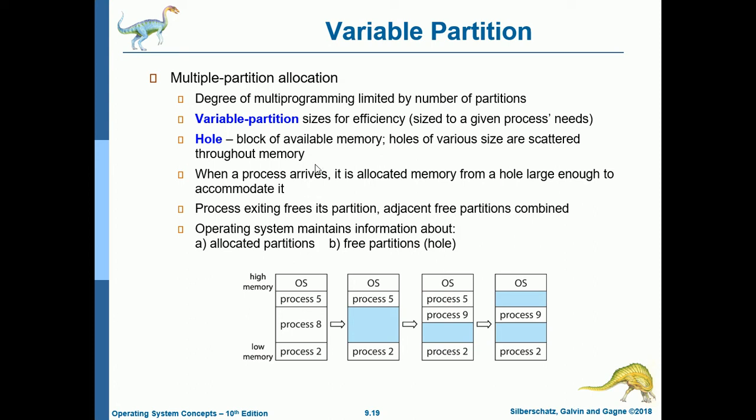And then the operating system maintains information about the allocated partitions, and also the free partitions, which are the holes. For example, we have this memory with three processes, 5, 8, and 2, and of course a fixed memory location for the OS. What if process 8 has already finished its execution?